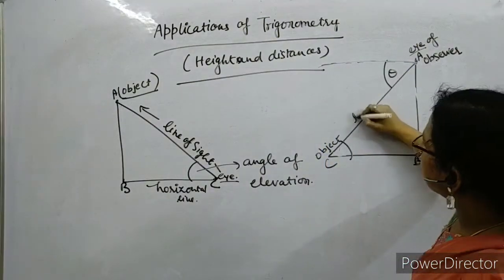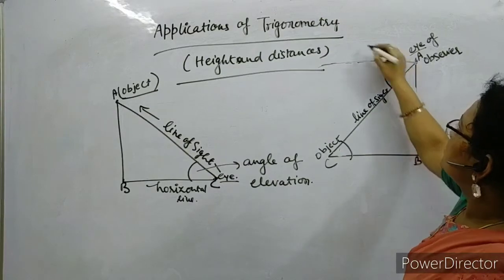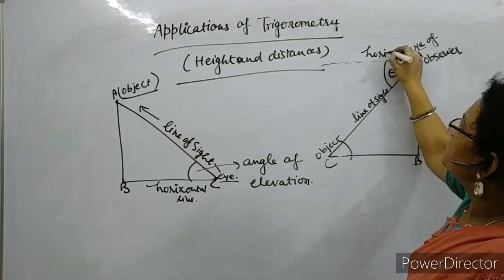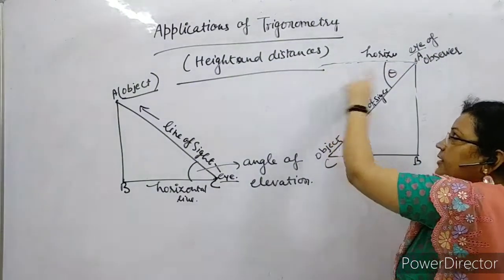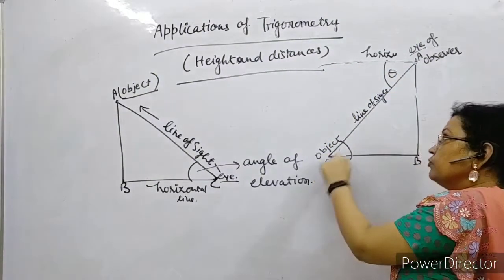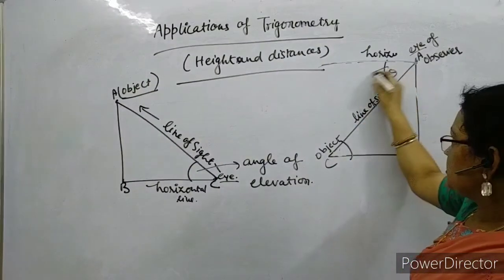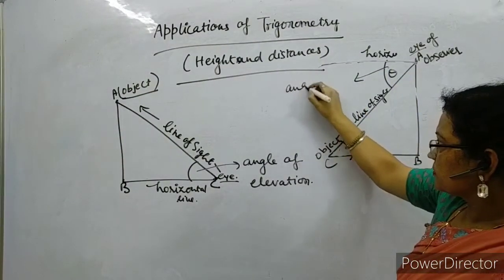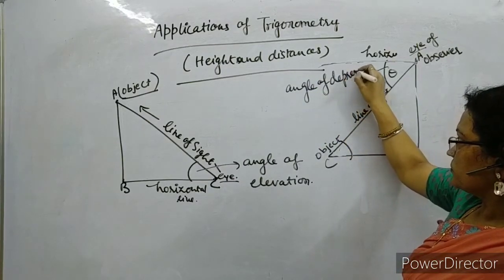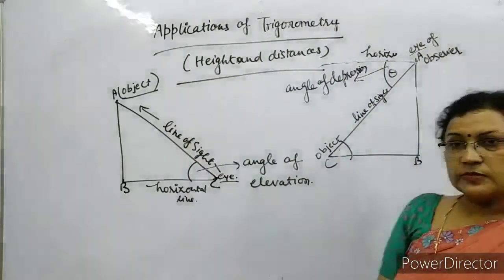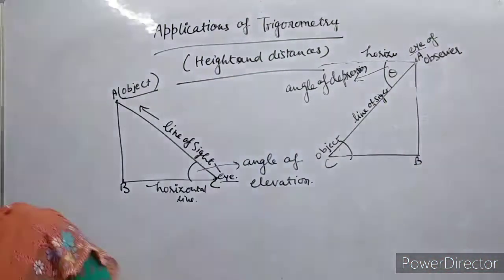As I said, the angle is always formed between this horizontal line and the line of sight. Since the horizontal line is this side and the line of sight is going downward, the angle is formed at this point. This angle is known as the angle of depression.